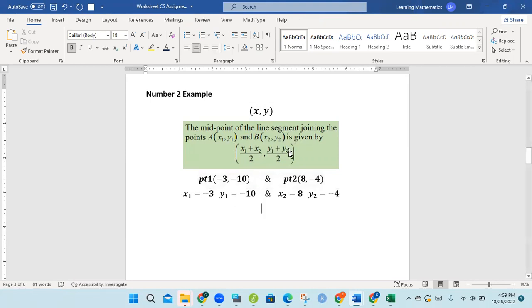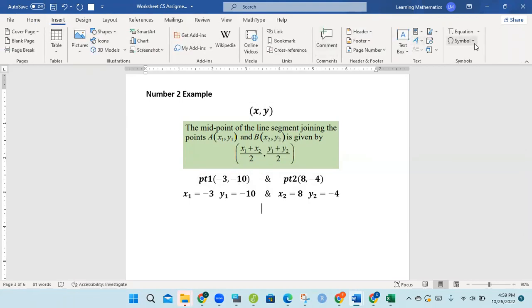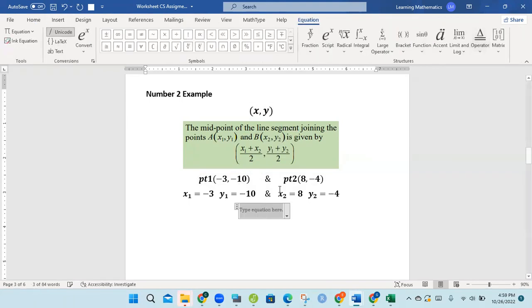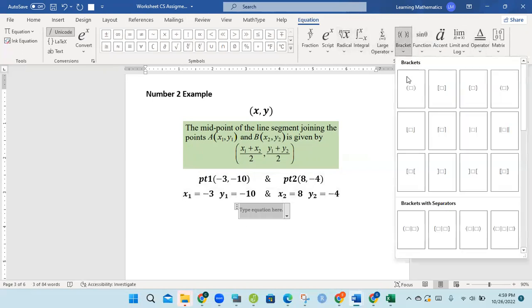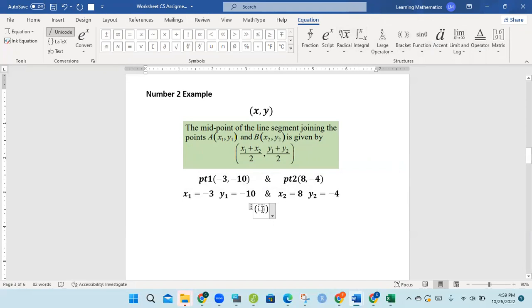It comes with a big bracket, as you can see. So let's put our bracket. And then we have 2 fractions, a divide by 2, comma, and a divide by 2.